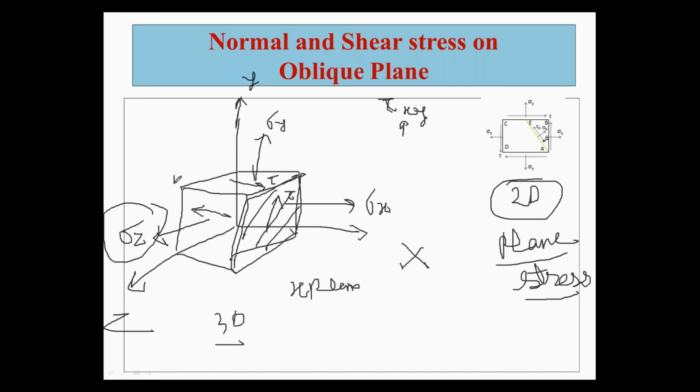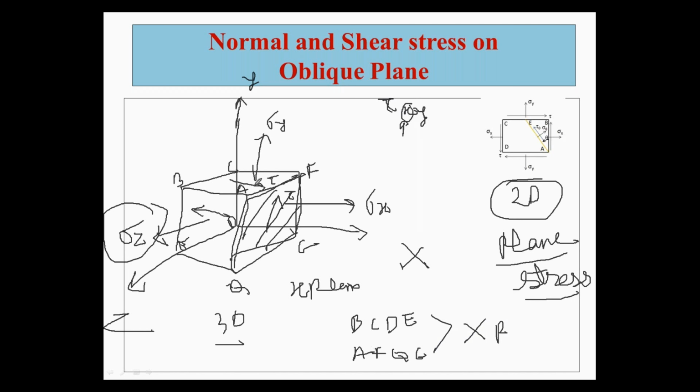So this point B, point C, point D, and point E. Then point A, point F, point G, point Q. So B, C, D, and E, and A, F, Q, and G represent the x plane. So here it is x plane.